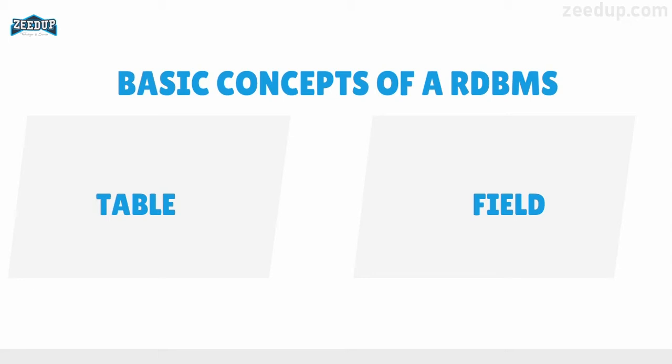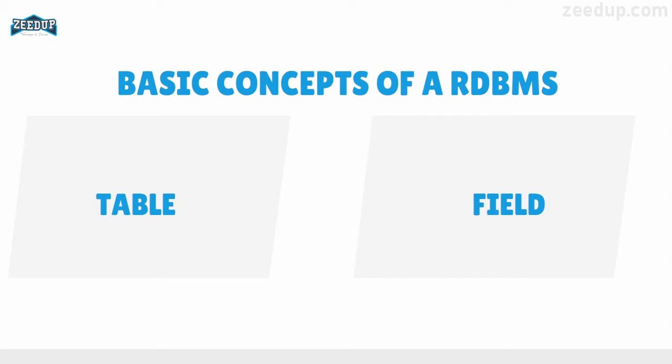The data in an RDBMS is stored in database objects known as tables. So a table is nothing but a database object, and the table itself contains rows and columns. The horizontal fields are known as rows and the vertical fields are known as columns, and in these rows and columns the data is stored.